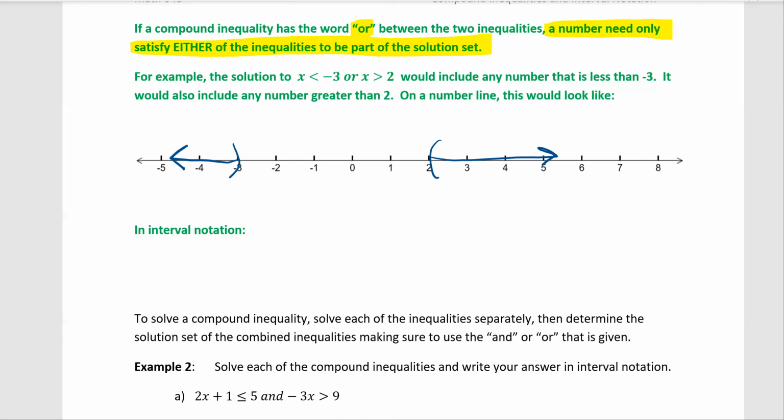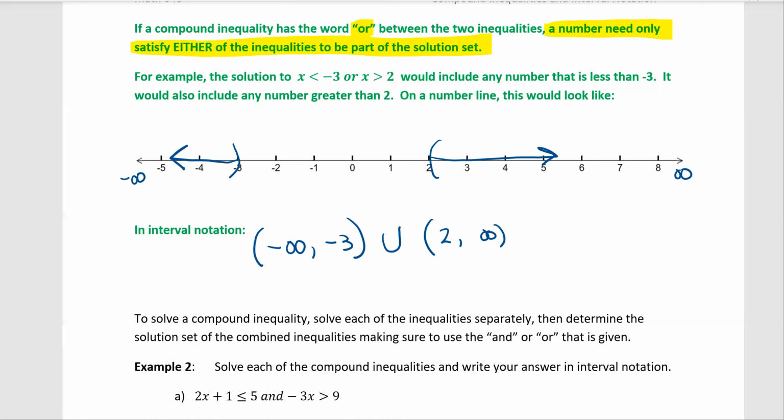It would also include any number greater than 2. On a number line, it would look like this. As an interval, the part that is shaded on the left side of our number line is from -infinity to -3. There is a gap, which we use the union symbol, and then we start again from 2 to positive infinity.